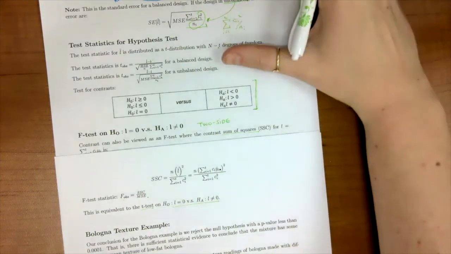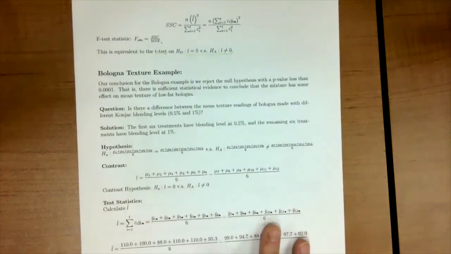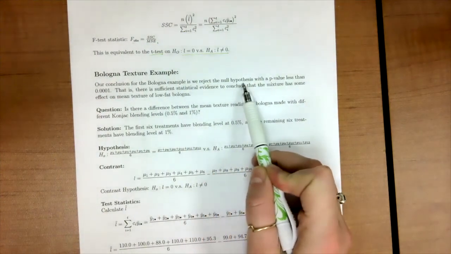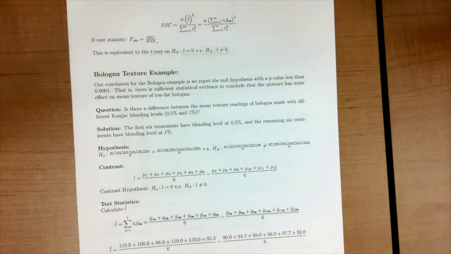All right, so let's get to an example, and more specifically, let's get back to that bologna example we started class off with. So again, in our bologna example, we ended up concluding that we're going to reject our null with a really low p-value, and so there is some evidence that the mixture has some effect on the mean texture.